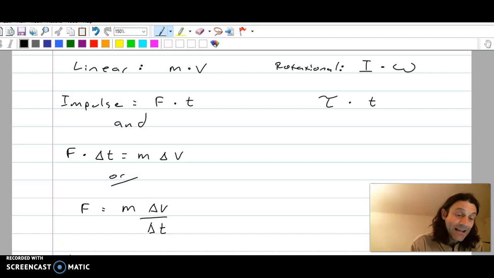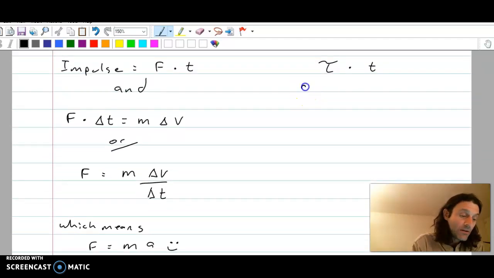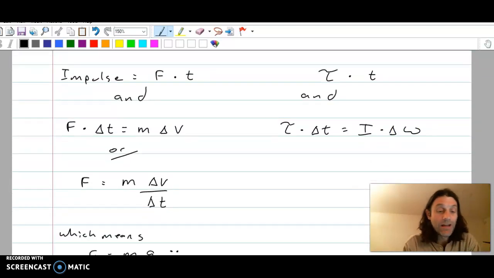So the exact same thing occurs with this rotational quantity. I can say a torque times a time interval is equal to an I times a change in rotational velocity, just the same thing as it is here.